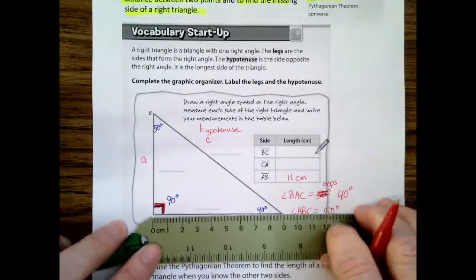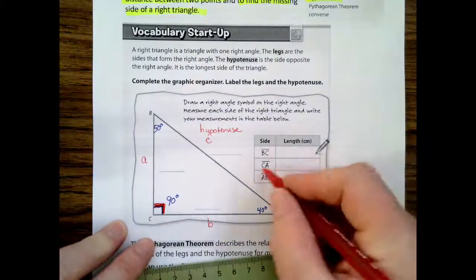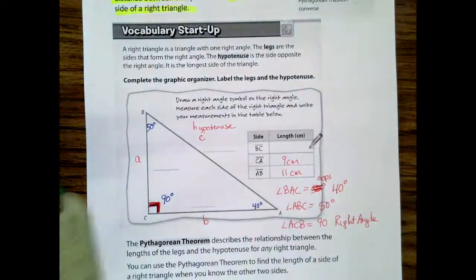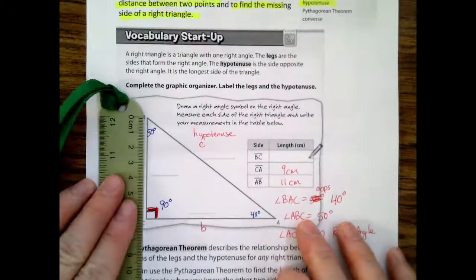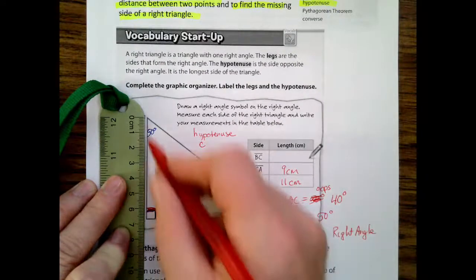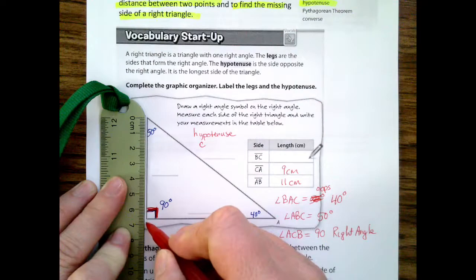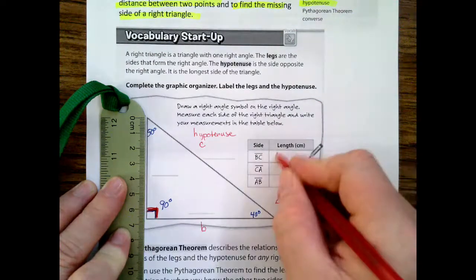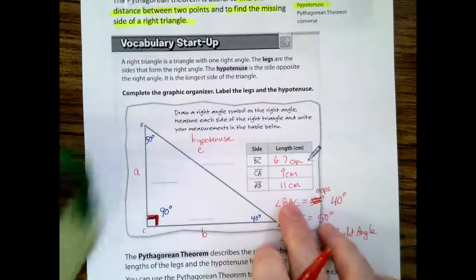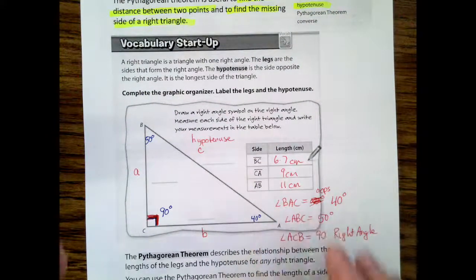AC is 9 centimeters. And you can see all this in your book on page 410. And this looks like it's about 6.7 centimeters. So we obviously see that AB is the longest side.